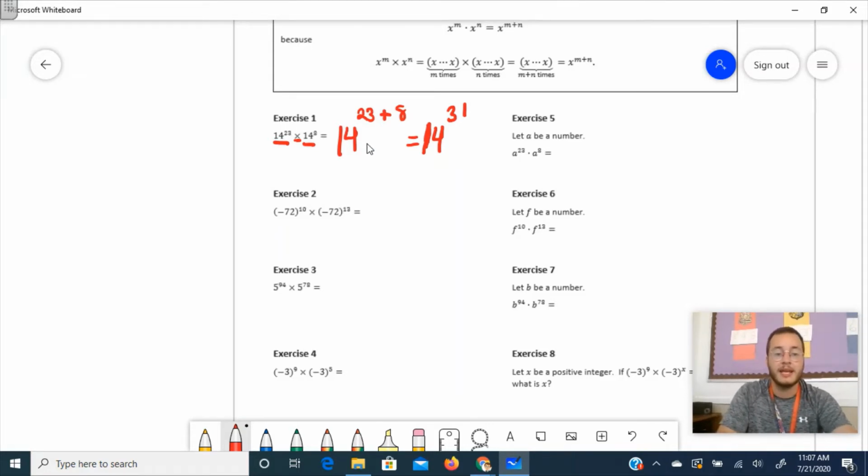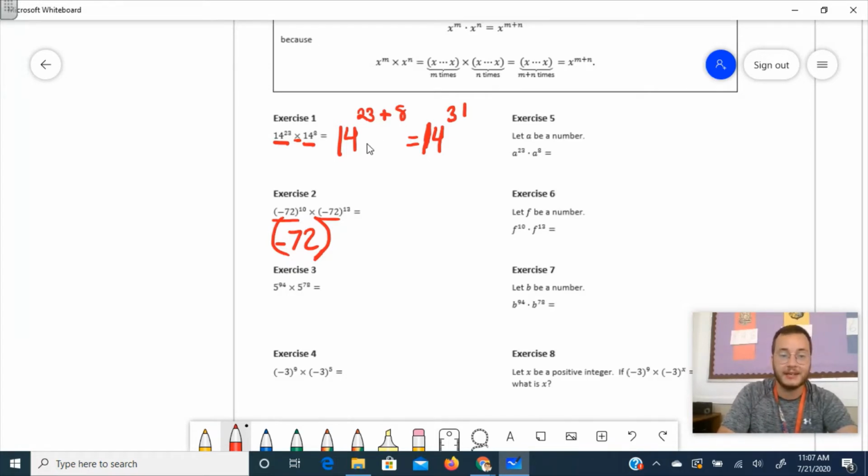Exercise 2, negative 72 to the 10th power times negative 72 to the 13th power. Do they have the same base? They do. They both have negative 72. Now remember, whenever you're writing exponents, you want to make sure all your negative numbers are in parentheses so that we make sure we take that negative number first, not the exponent first. We need to show that we have a negative number.